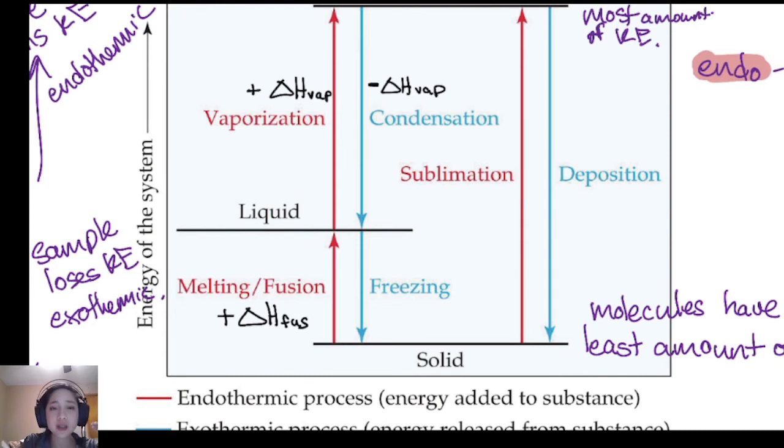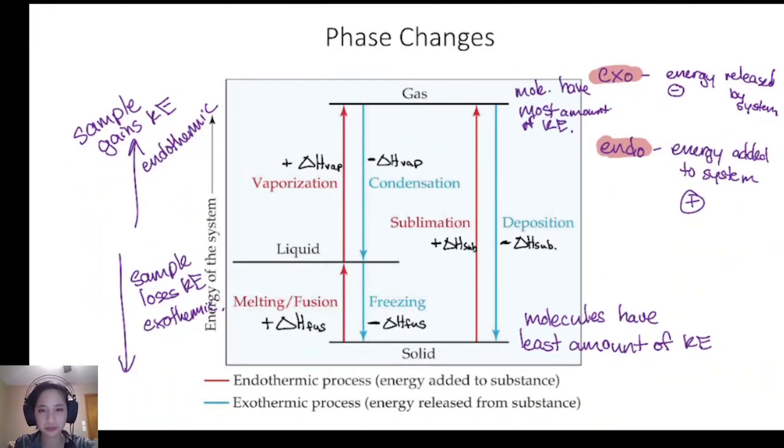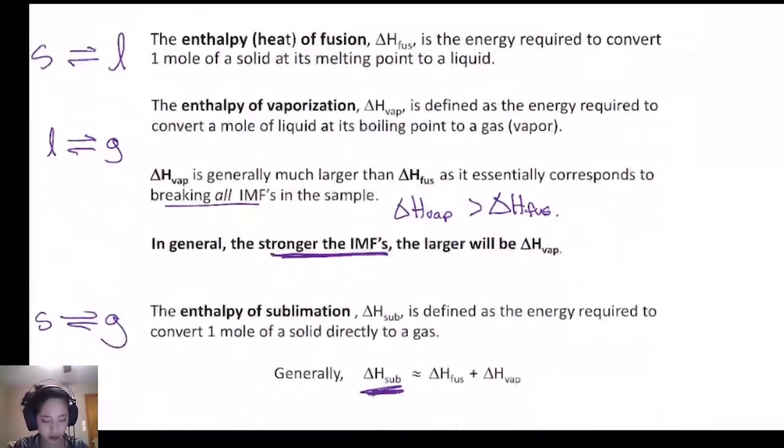That's a positive value. It requires energy to melt a solid, to turn a solid into a liquid. And then freezing is negative delta H fusion. Finally, sublimation, to go from a solid to a gas, is our positive delta H sub. And then deposition is minus delta H sub. All right, so this graph summarizes everything in this slide.